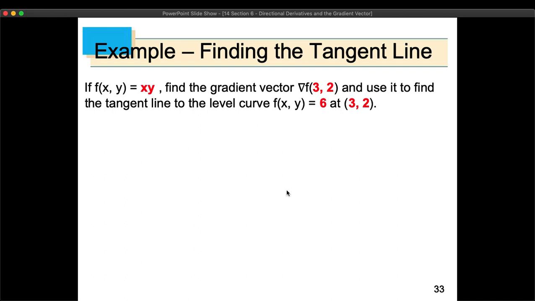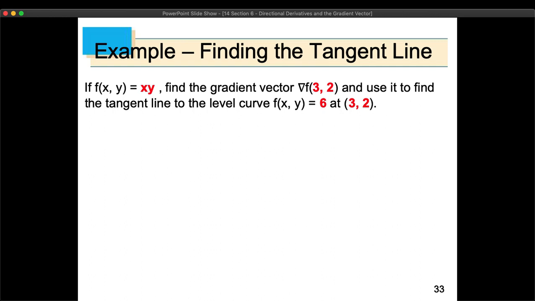Okay. Let's go ahead and move on to this example here. Now, this is the same exact problem as before. The only difference is that it looks like we don't have a z term.